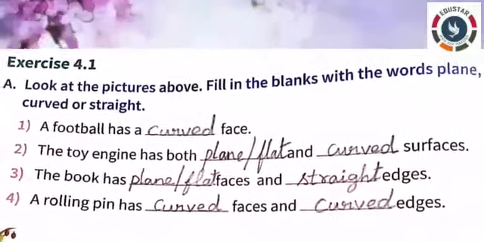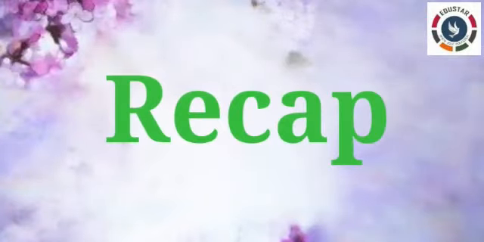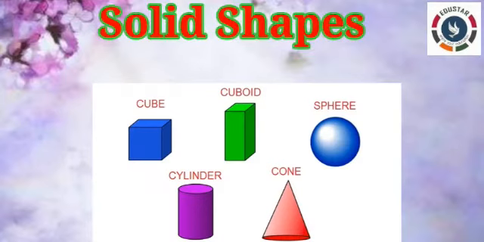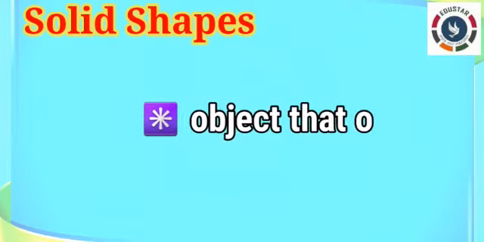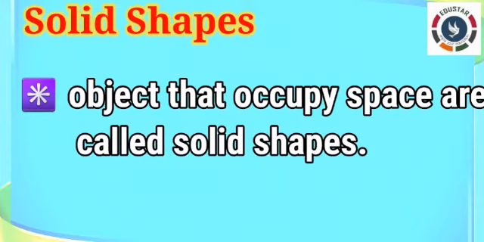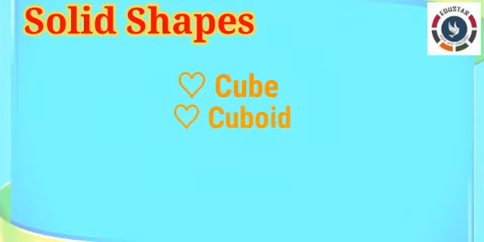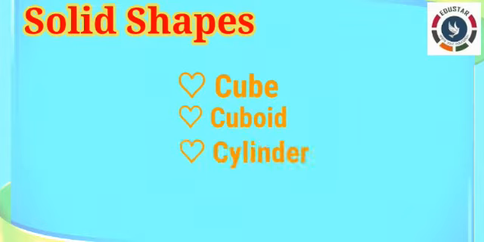Okay, children. Now, let's recap about solid shapes. Objects that occupy space are called solid shapes. Examples of solid shapes are cube, cuboid, cylinder, cone and sphere.